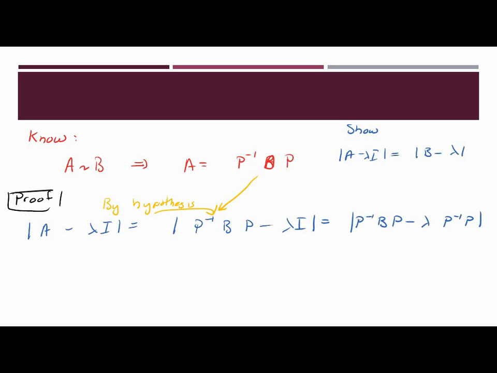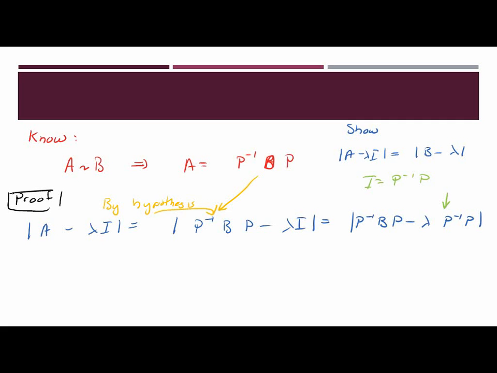So the next step, all I did is I rewrote I as P inverse P. Now why would I do that? Well, I want to get rid of those P's. And the only way to get rid of those P's is to make a P factor out somehow. So I rewrote the I so that it had a P in it so I could do something with it.